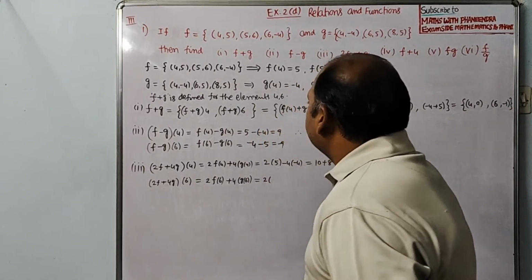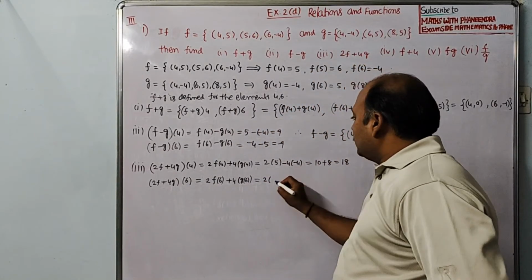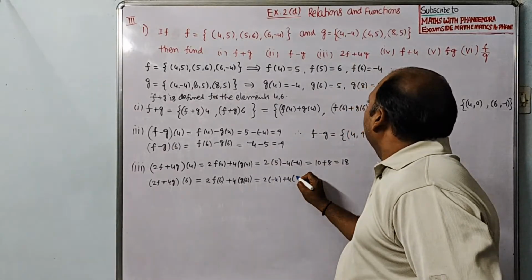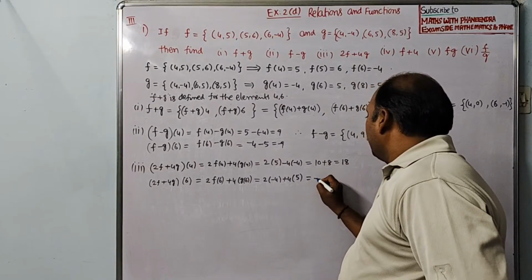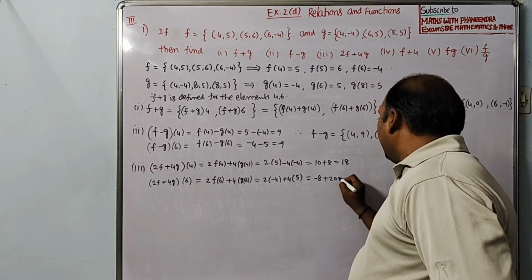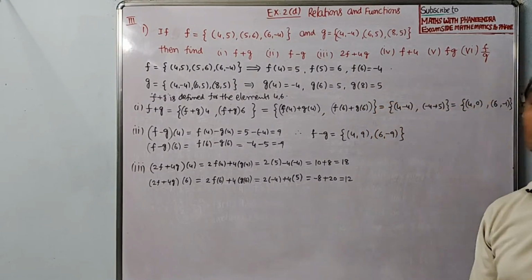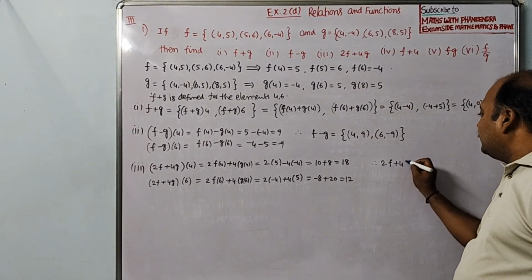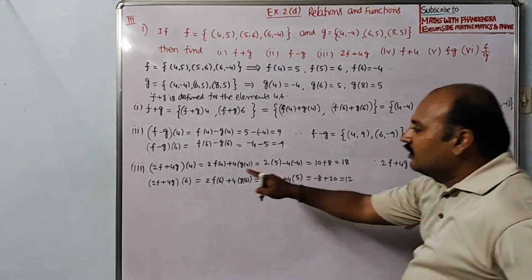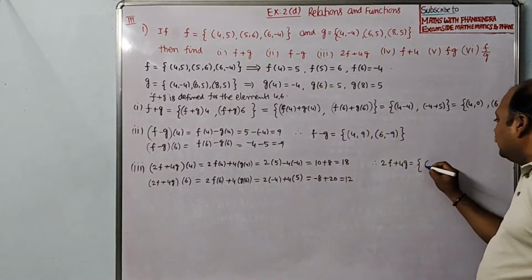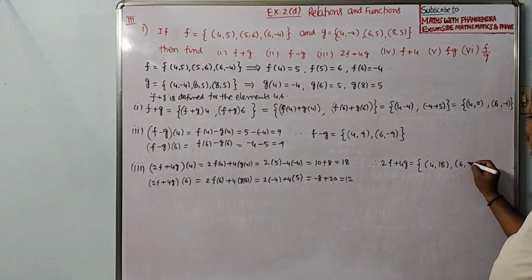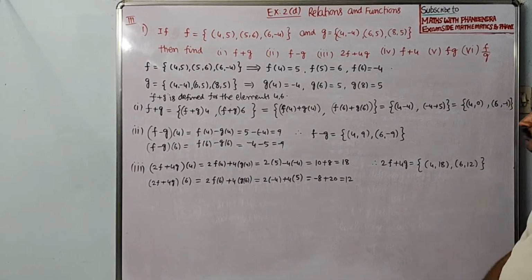So 2 times minus 4 plus 4 times 5, minus 8 plus 20, that is equal to 12. Therefore, 2f plus 4g can be defined as (4,-6), (6,12). Are you all getting with me?